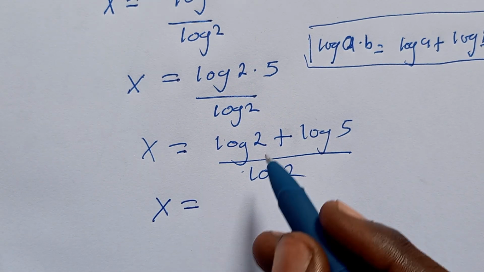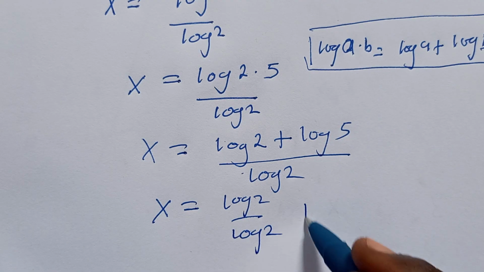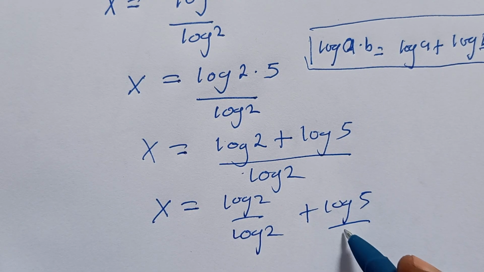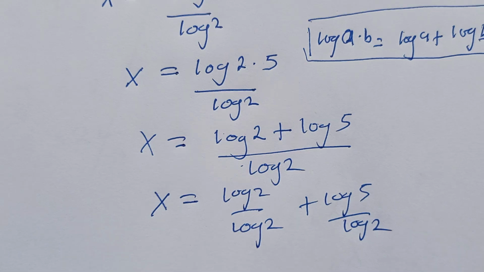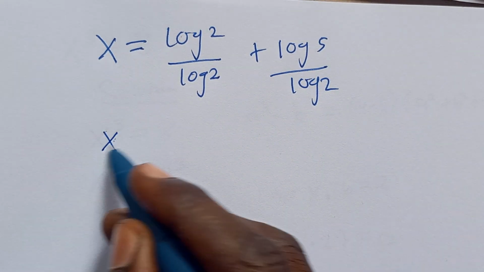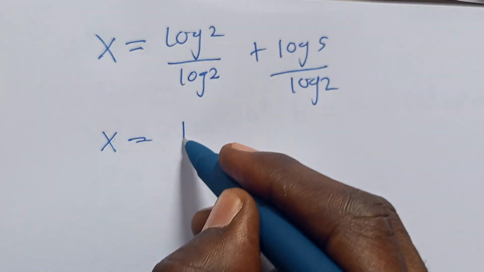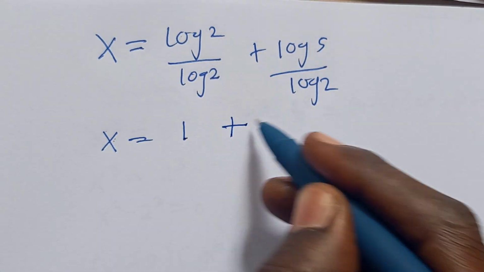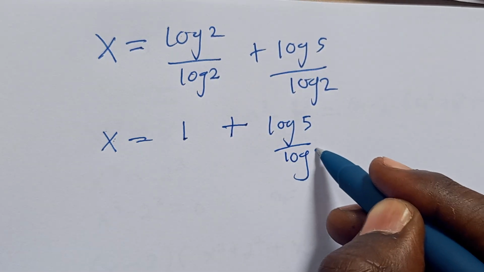So now x equal to log 2 divided by log 2 plus log 5 divided by log 2. If that's what we have as our x, we can simplify further. Log 2 divided by log 2, that's going to be 1, plus log 5 divided by log 2.